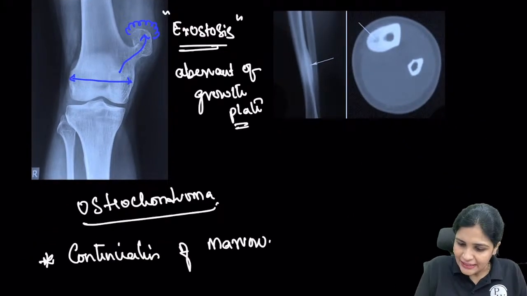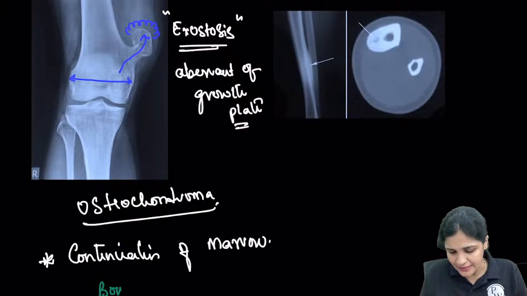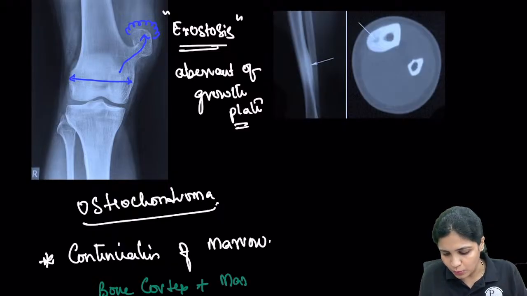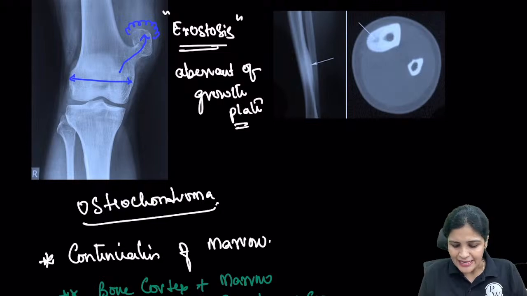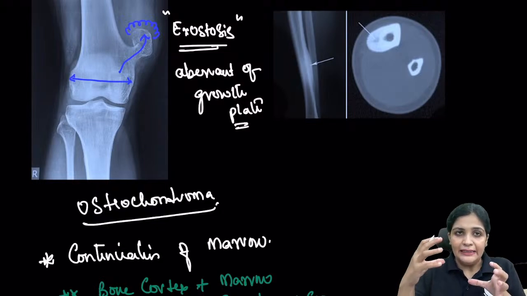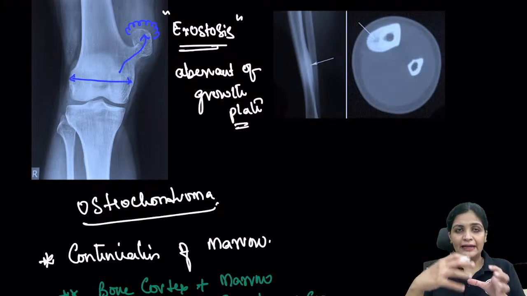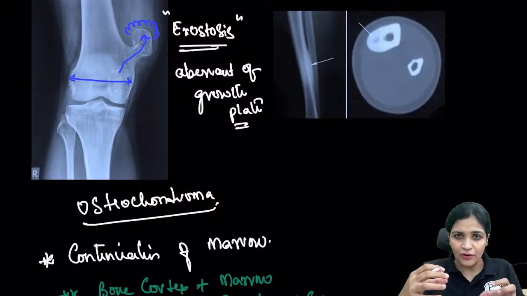You will see there is a bone cortex, plus the marrow, which I have told you, and then it is covered by a cartilaginous cap. This is a very, very important feature which you have to look for on CT or MRI. The entire growth is like a bone itself, so it will have cortex on either side.